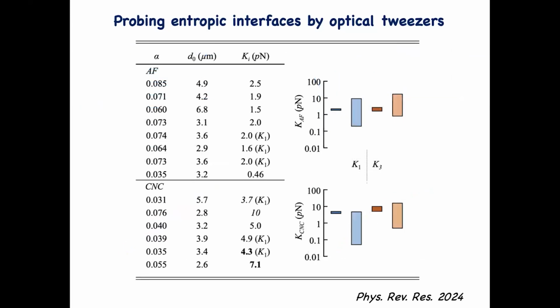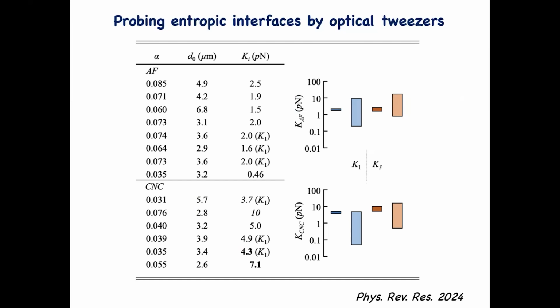And this works beautifully. This is for amyloid fibrils, and this is nanocellulose. The scale is in piconewton, and the large bar is the uncertainty on the same system, done with different measurements. The small bar is the precision of the measurements that you get on both K1 and K3, depending on this curve.